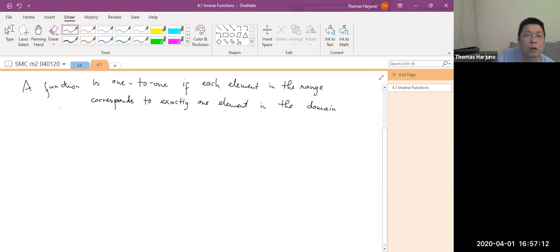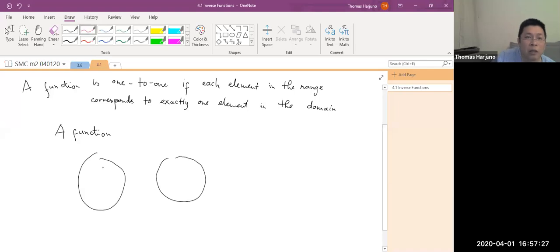A function is a relation from one set to another set in which each element in the domain corresponds to exactly one element in the range. So let's say this is the range here, and this is the domain.